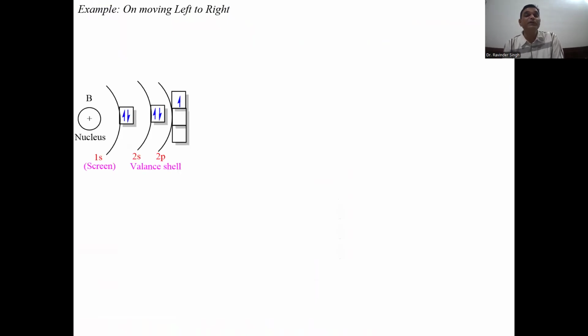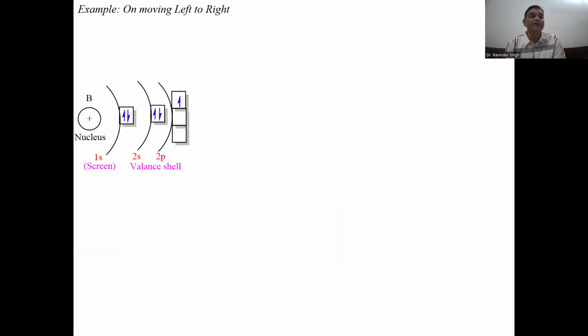Next example: on moving left to right in the periodic table, for example from group number 13 to 18, in the case of boron, the configuration is 1s2, 2s2, 2p1, atomic number 5. That's the diagram here for boron.